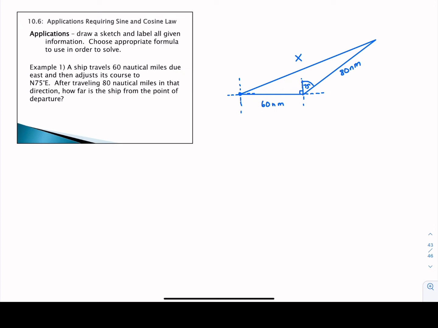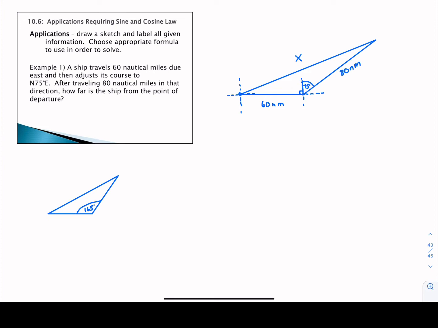If you'd prefer, you can redraw this sketch a little bit rather quickly here. We know that this interior angle now is 165 degrees in total.